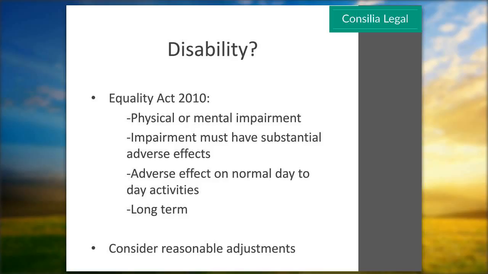What you need to be looking at there is, do they have a physical or mental impairment? Does it have substantial adverse effects on normal day-to-day activities? And then, is it long-term? Long-term means likely to last or has lasted 12 months or more. So somebody doesn't have to have suffered with an ailment for 12 months. If it's likely to last 12 months, then you might have an issue.